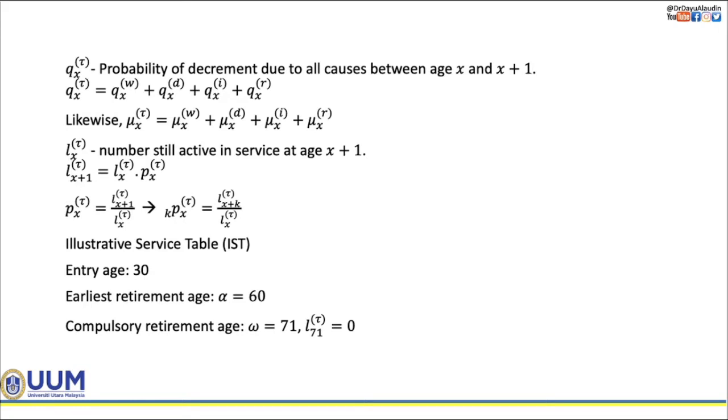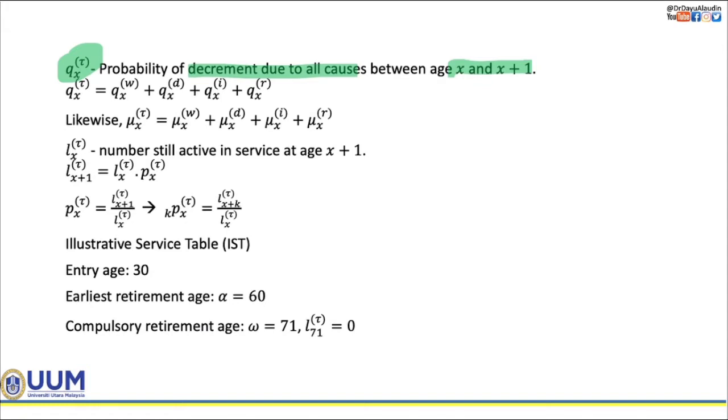So there are some notations that we have to focus on. This is Qx tau, the probability of decrement due to all causes between age x and x plus 1.